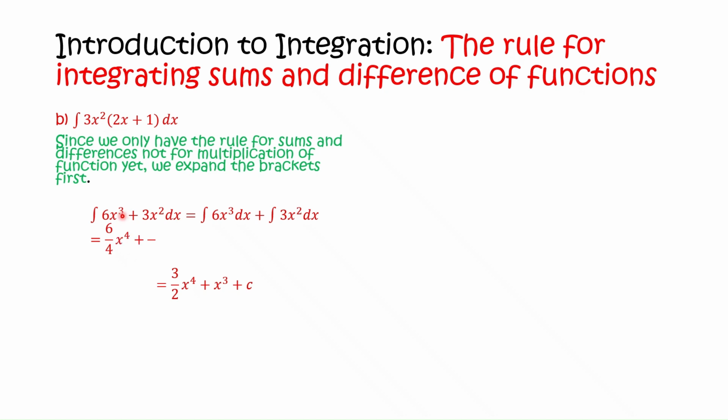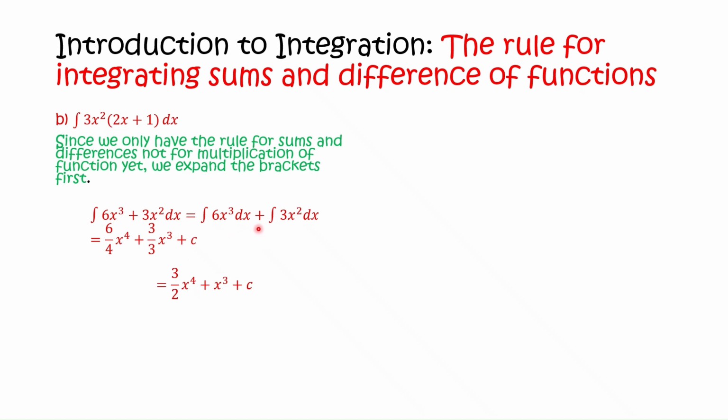So in this case, if we expand the bracket, we are going to have 6x cubed plus 3x squared dx, that giving us that, and we separate the integrations, in separating the terms, we would get integral of 6x cubed dx plus integral of 3x squared dx.